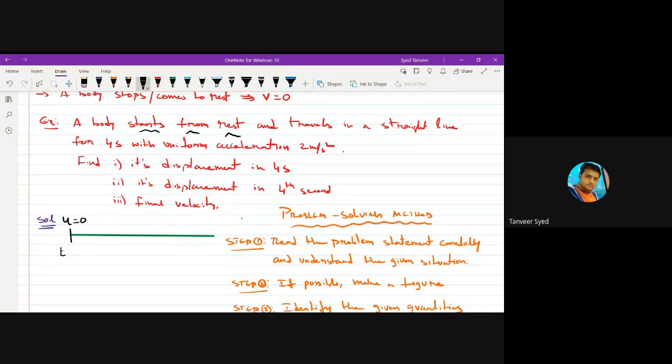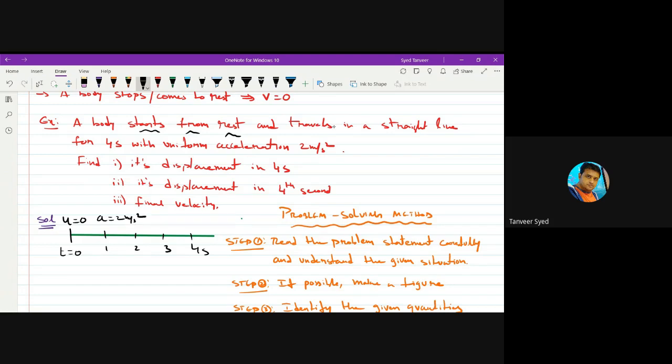Let us say this body starts at time t is equal to 0. Then it is traveling for 4 seconds. This is 1 second, this is 2 seconds, this is 3 seconds, this is 4 seconds, with uniform acceleration 2 meter per second square. That means throughout the journey, the acceleration of the body is 2 meter per second square.